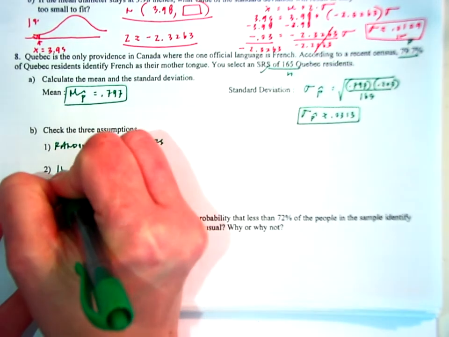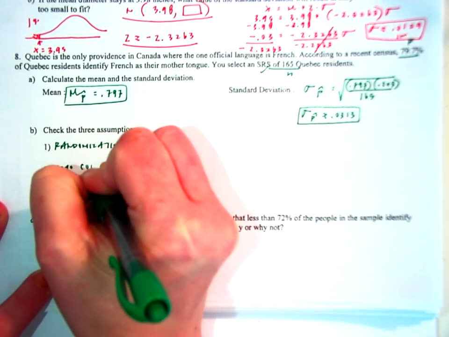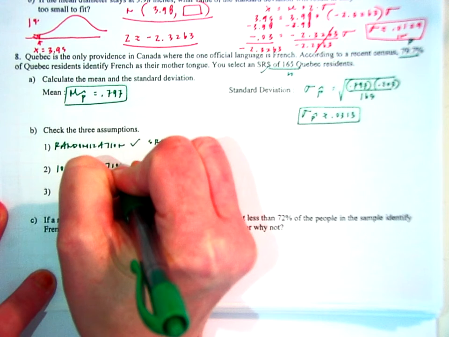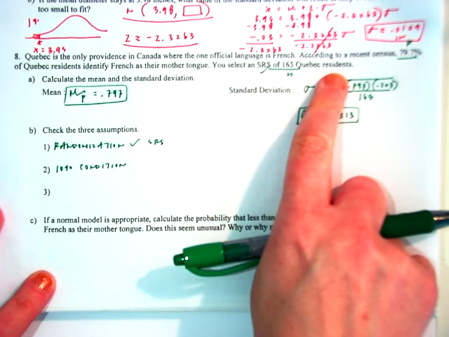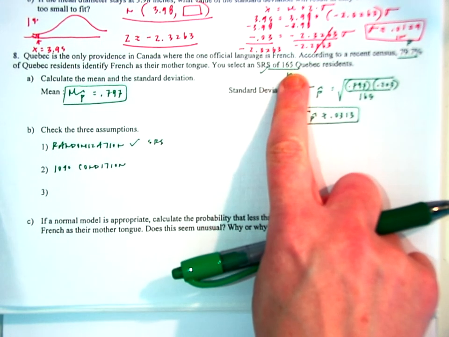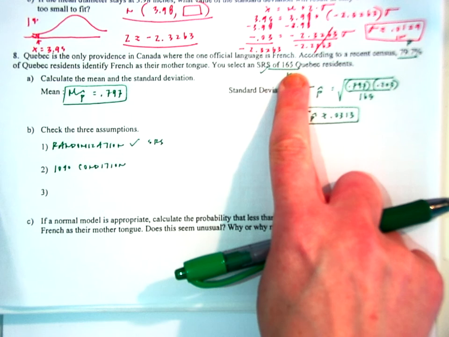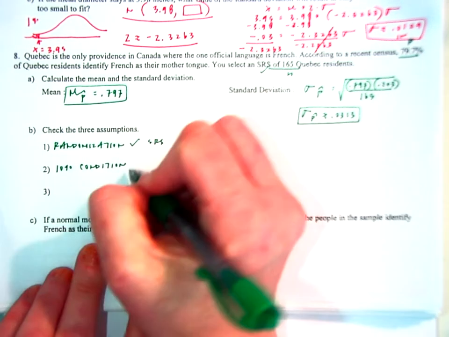Okay, 10% condition. So would we say that 165 Quebec residents is less than 10% of all Quebec residents? Well, yes, that would make sense.